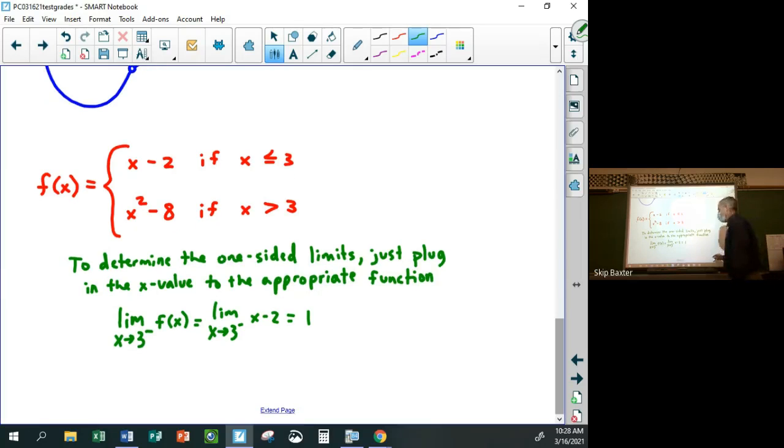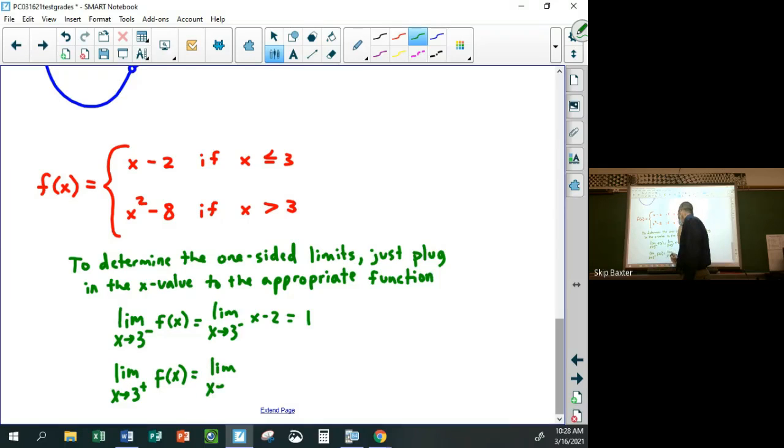And if I take the limit as x goes to 3 from the right, f of x, that's really equal to the limit as x goes to 3 from the right of the bottom function, x squared minus 8, which is also 1. If I substitute 3 in here, I get 9 minus 8, which is also 1.